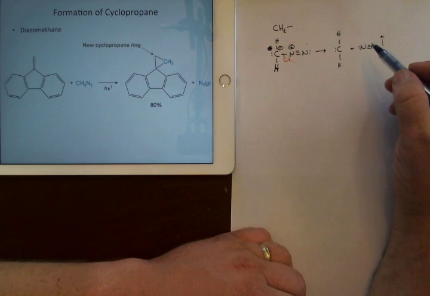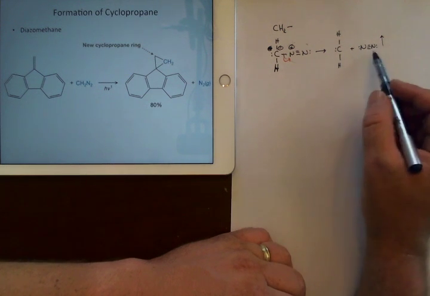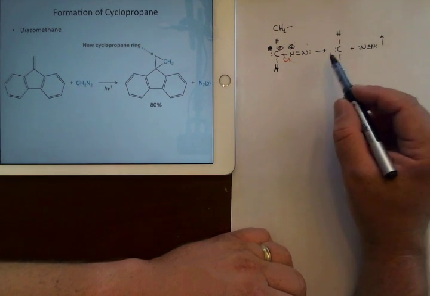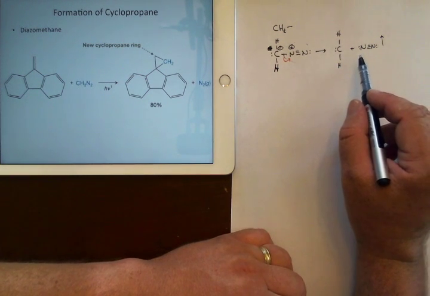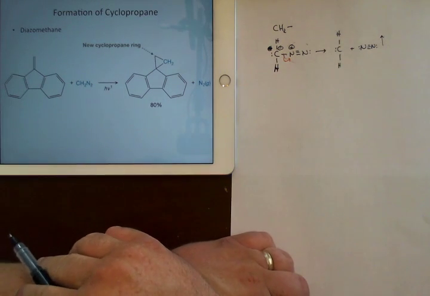Nitrogen makes up 78% of our atmosphere. It's incredibly stable, and so this actually reacts explosively. If you want to give a chemical engineer heartburn, you just tell her you've got to scale up a diazomethane reaction.